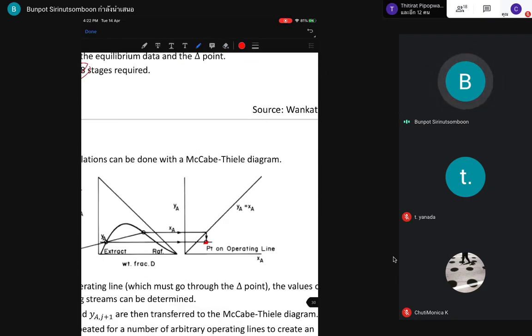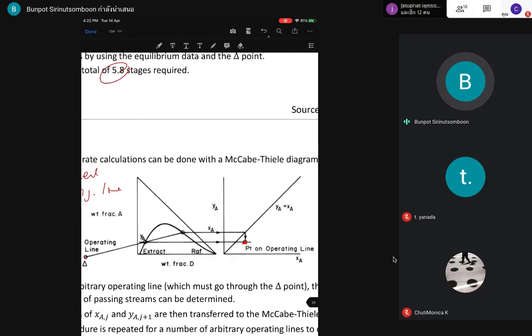For example, maybe I draw another line like this, and from this I go to this. Then I got this point. And then maybe I draw many straight lines, maybe at this point.